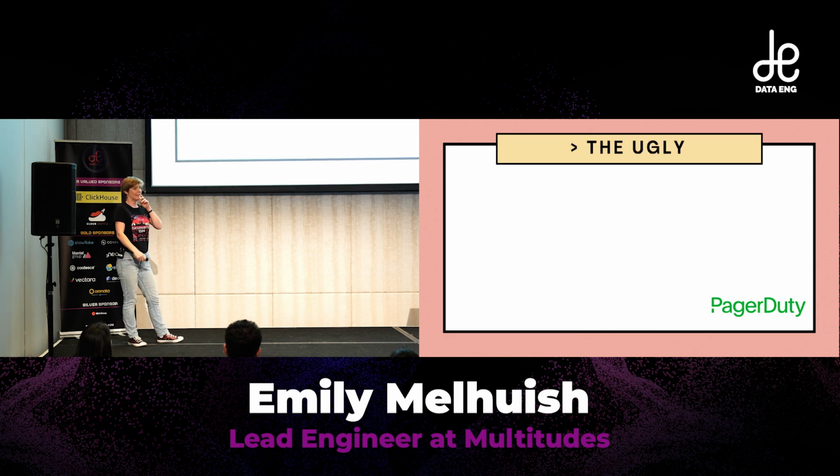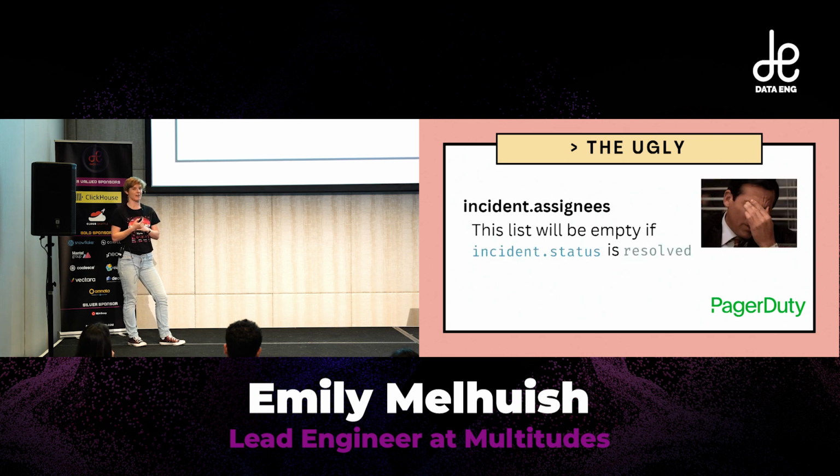But then the ugly. An assignee of an incident is someone who has been assigned to resolve the incident. You'd think that's a pretty important field for knowing who resolved an incident, right? Unfortunately, some developers decided it would be a great idea to just clear the assignees list when the incident is resolved.